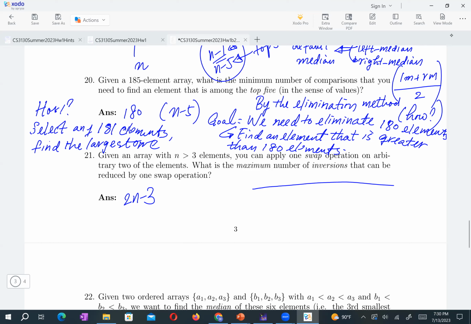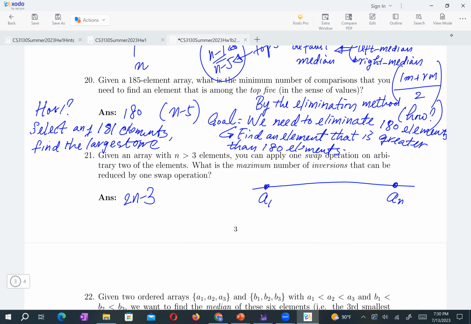Based on our analysis in the hand, we know these two elements to be swapped should be the first one and the last one. Let's write A1 and AN. Because in this way, we can get the maximum number of inversion change. If not the first one and last one, then you won't get the maximum. You can still push these two elements to the two ends to get more inversions.